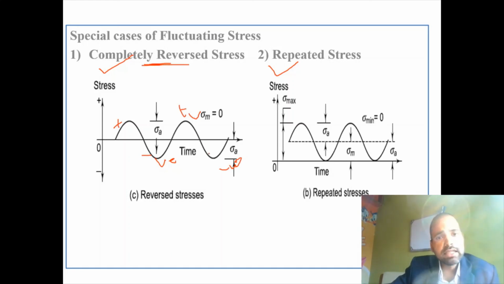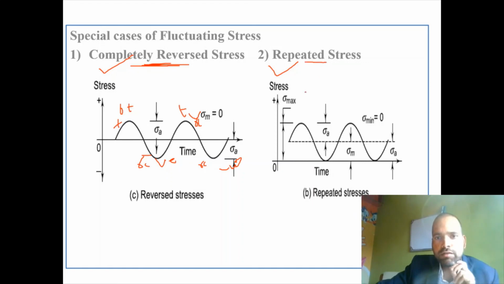It varies with respect to time, going from positive to negative. Suppose this is tensile stress and this is compressive stress, again tensile, again compressive. So cyclic stress acting on the component is called completely reversed stress. This is one special case of fluctuating stress.